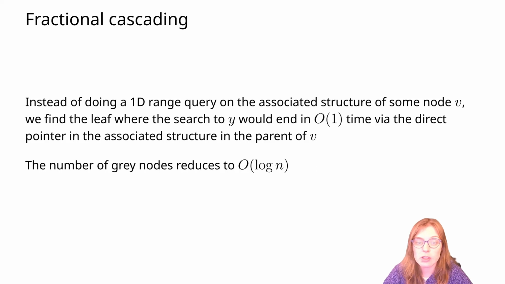Thus, we reduce the query time from O of log squared n, because we would perform a 1D range query in log n trees, to O of log n in total, because we perform only one one-dimensional range query, and the remaining traversal of the structure takes constant time per level plus the time it takes to report all the points that need to be reported.